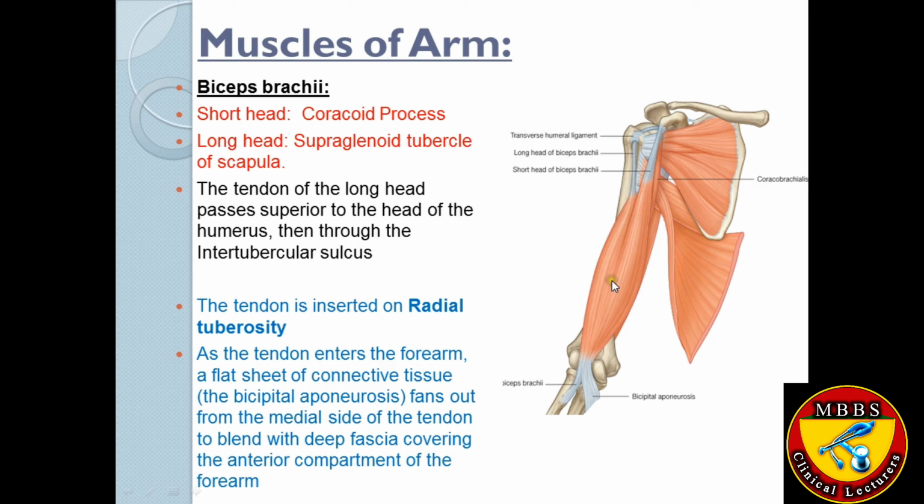The fleshy muscle converges to form a tendon which is inserted into the radial tuberosity. From the tendon, a flat band of connective tissue emerges, which is called the bicipital aponeurosis. It merges with the deep fascia of the forearm.